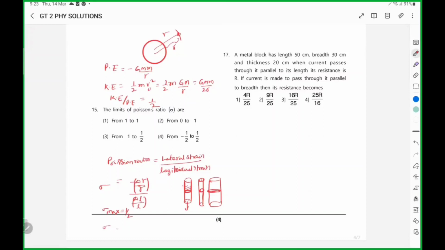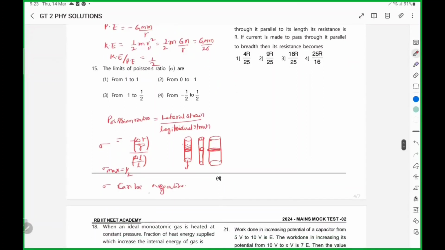So Poisson ratio can be negative. So it in fact lies between minus 0.5 to 0.5. It's the fourth option.